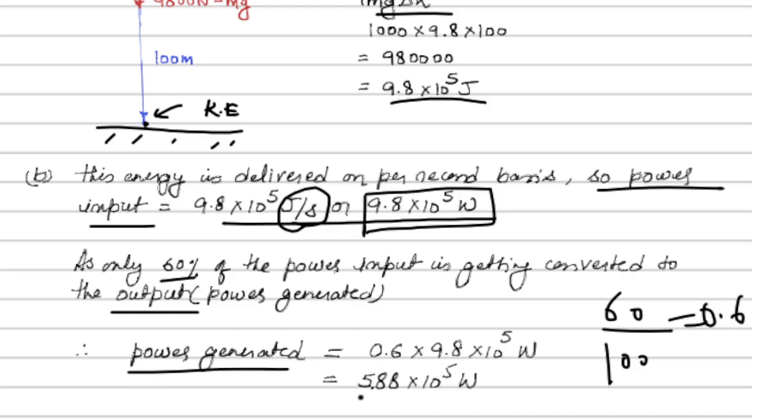So it will be 0.6 multiplied by this, and we'll get this much energy as output. Not completely, if you see, this was the input, and see how much it has been lost, right? Around 3 point something is lost here, and that goes into heat, sound, friction, that kind of energy that has been dissipated. So that's why we are getting lesser power generated.